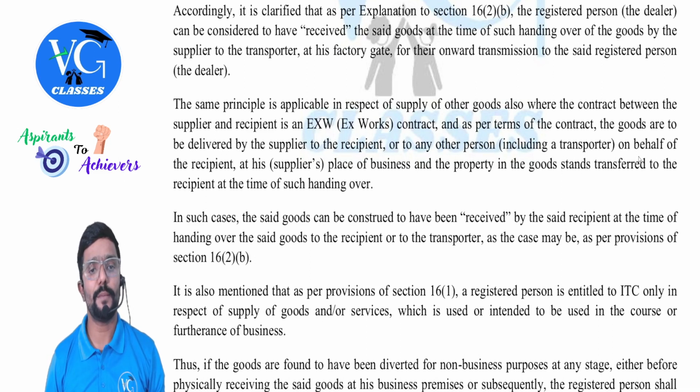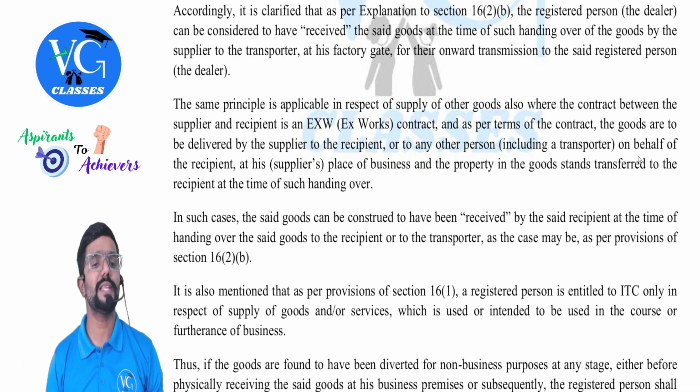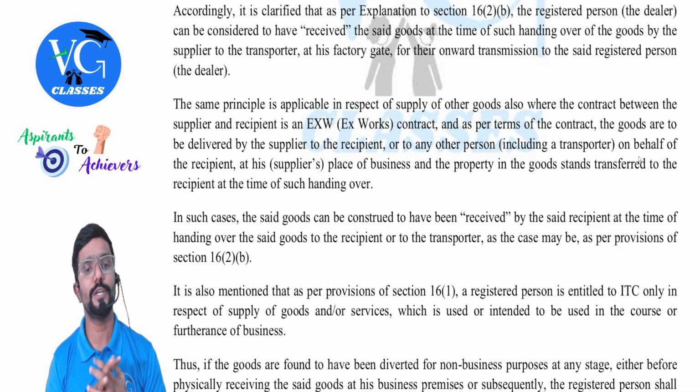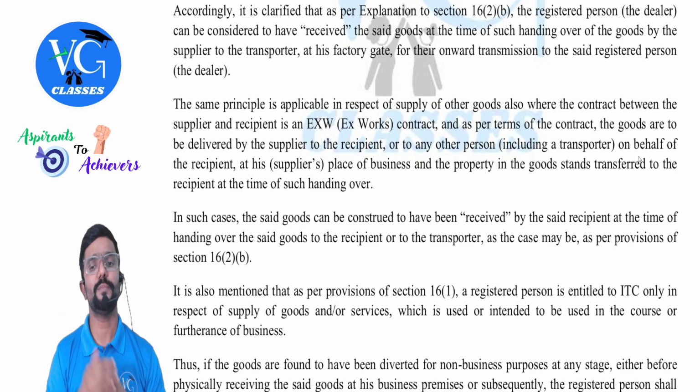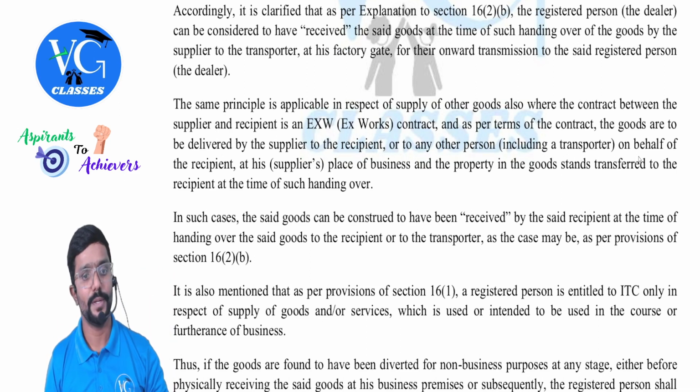The same principle is applicable in respect of supply of other goods also, where the contract between the supplier and recipient is an ex-works contract, and as per the terms of the contract, the goods are to be delivered by the supplier to the recipient or to any other person, that is including the transporter, on behalf of the recipient at the supplier's place of business, and the property in the goods stands transferred to the recipient at the time of such handing over.